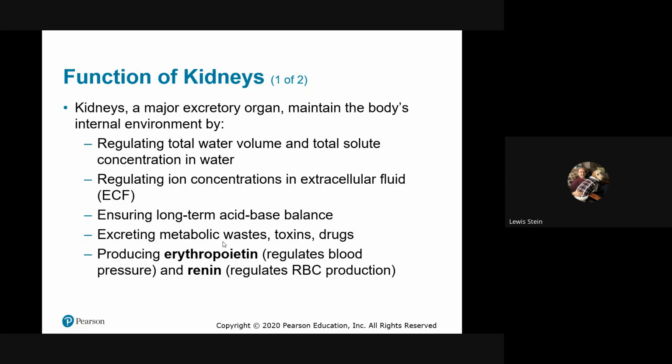There are 2 tests, and we'll reiterate this in physiology. BUN, blood urea nitrogen, and the other is creatinine. Those are 2 nitrogenous compounds, urea and creatinine, that you have to get rid of, and you can only tolerate a relatively limited amount in the bloodstream.